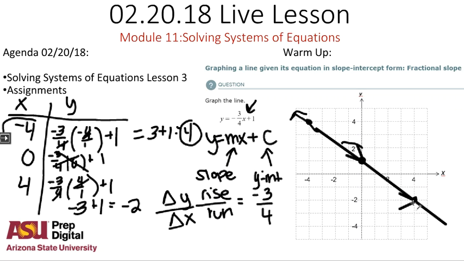And then that actually matches this point right here that we plotted. So you can make a table of values and then plot your points that way. Or if you liked my first strategy using the intercept and the slope, that might be a little bit quicker for you.